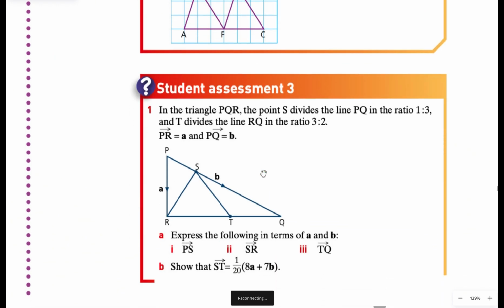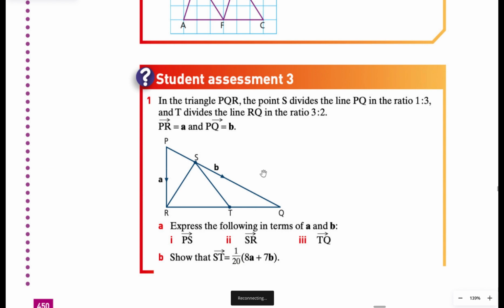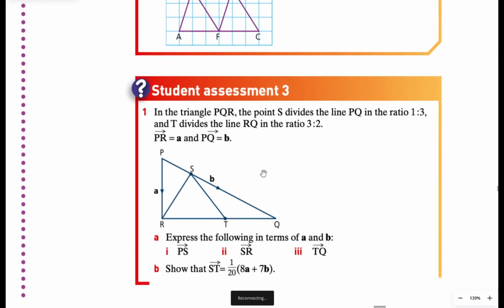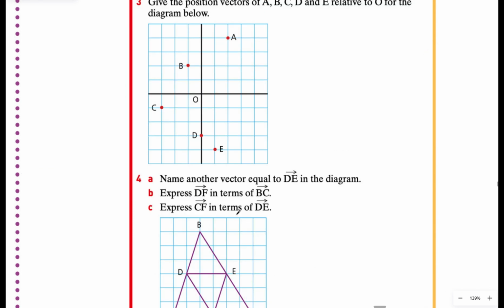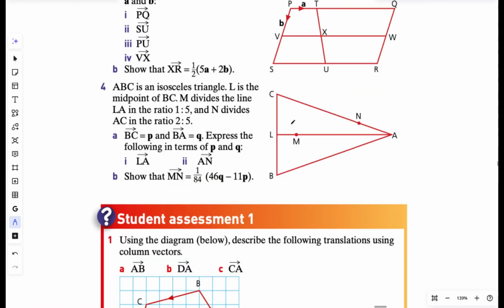See the student assessment, a lot of vector questions we brought up for you to try. You can try those after the one we're about to do now. Now let's do the last one for this video, and then you try every other question that we've enumerated.